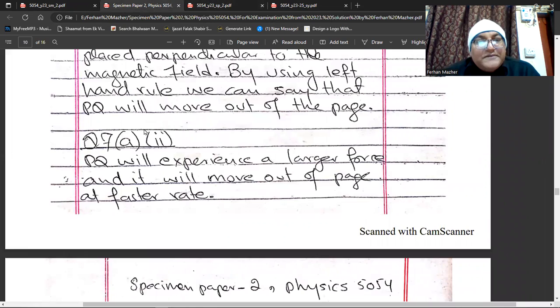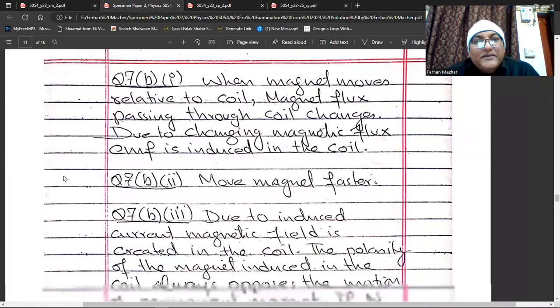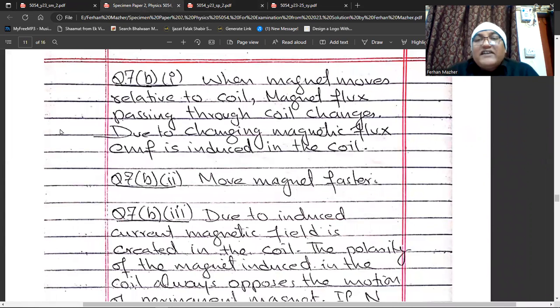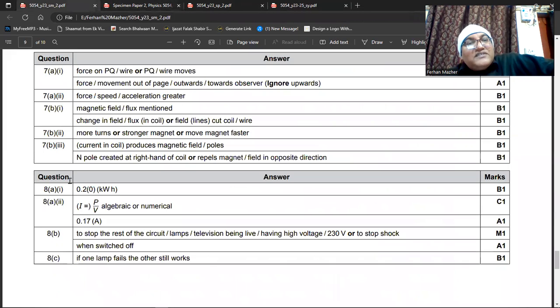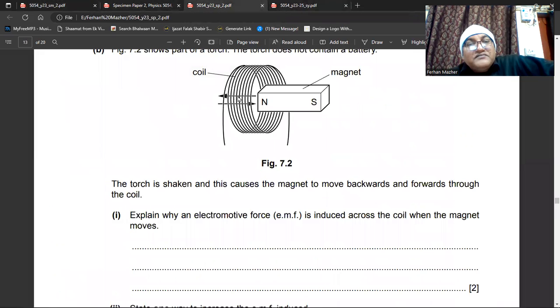So the answer: when the magnet moves relative to the coil, magnetic flux passing through the coil changes. Due to changing magnetic flux, EMF is induced in the coil. Change in flux or field lines cut the coil. So our answer is right, sir.